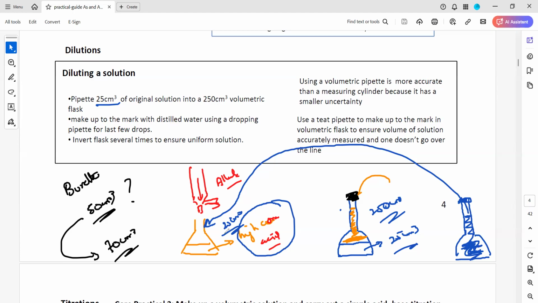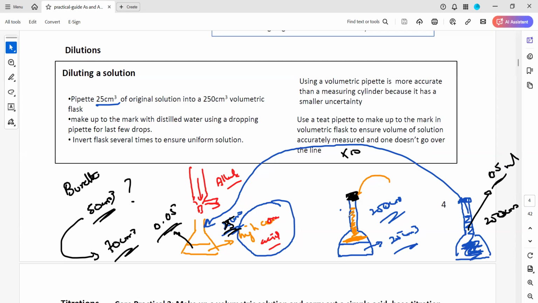Let's say when I carry out the titration, I got 0.05 moles here. So what will the original solution consist of? This is 250 cm cube and here is 25 cm cube, so the original solution is 10 times the volume. So the original moles will also be 10 times, equal to 0.5.